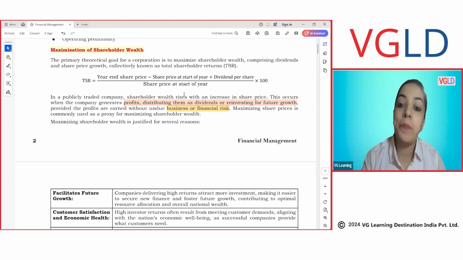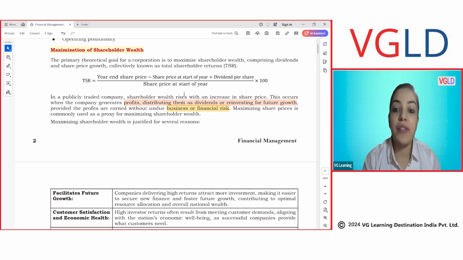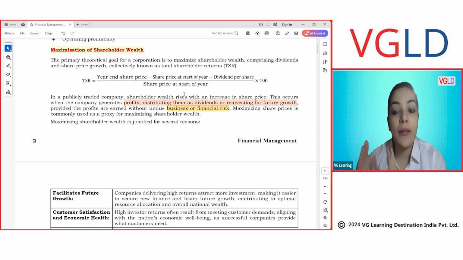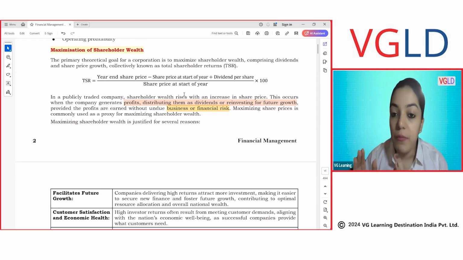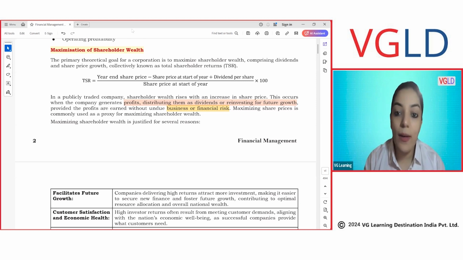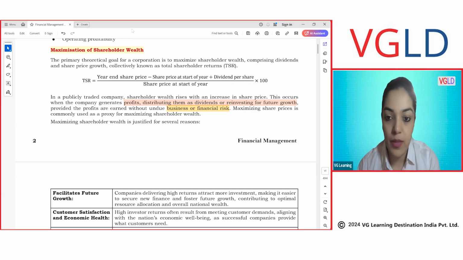Business risk arises because of being in a certain line of business. For example, ITC is a tobacco company. Anything which happens to the tobacco industry affects the company. Therefore, it is business risk. I'm repeating myself. Then, financial risk is the risk which arises because you have debt in the capital structure of the company, because on debt, you have to make fixed obligation payments.